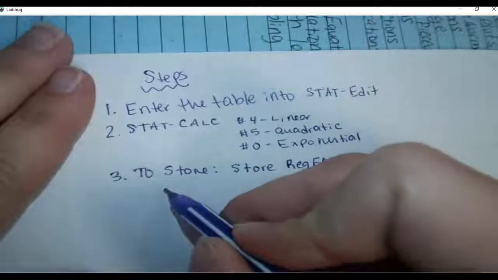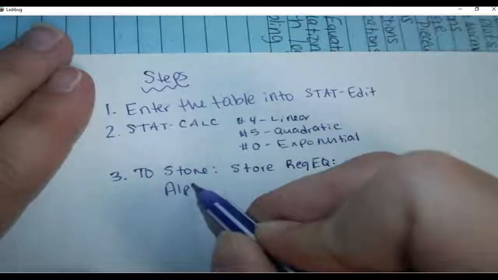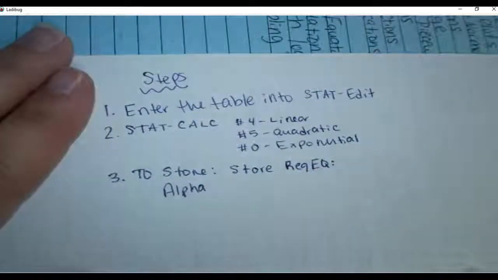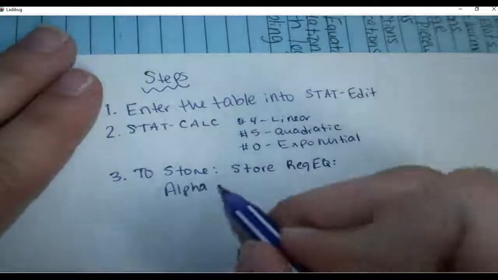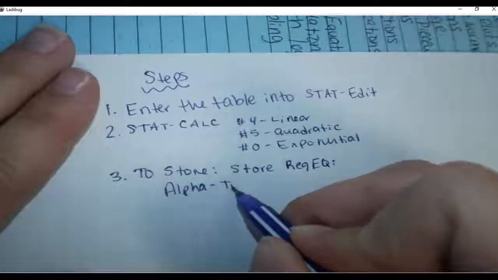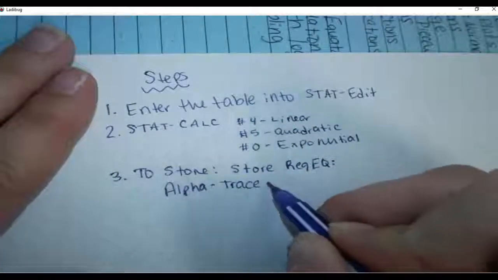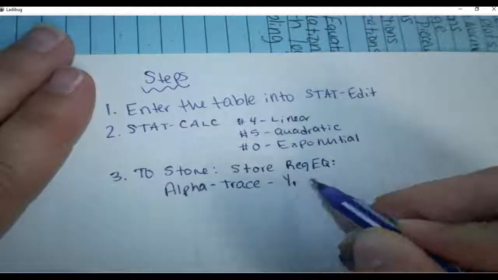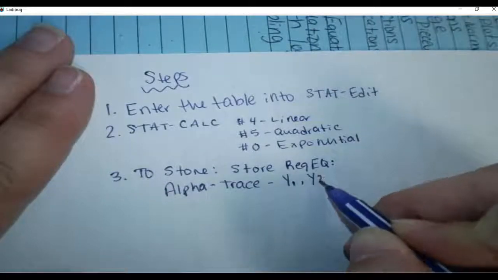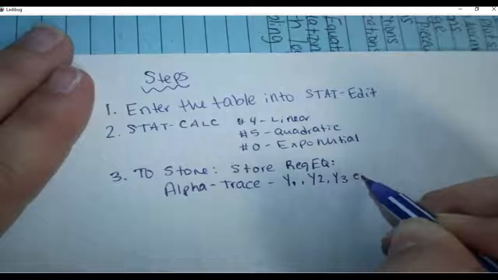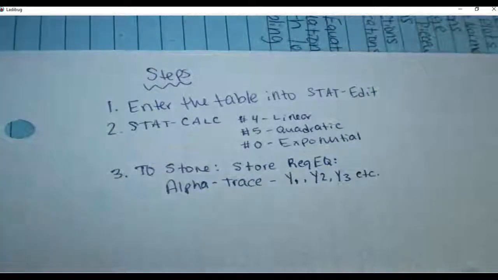And then you click alpha, which is your green button, trace, and then you pick, do you want it in Y1, Y2, Y3, etc. So you just pick whichever one you want to plug it into.